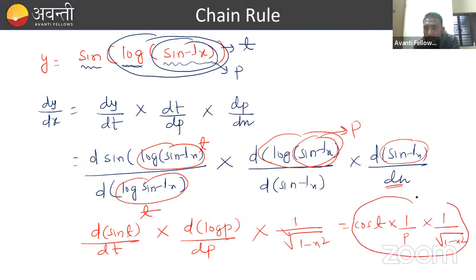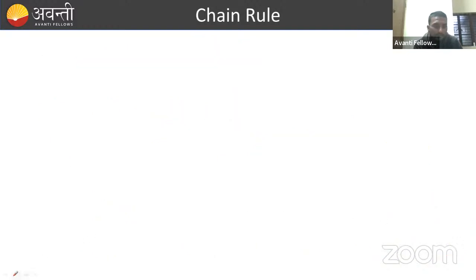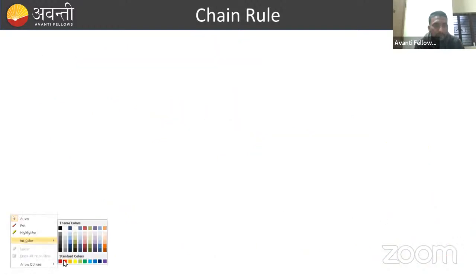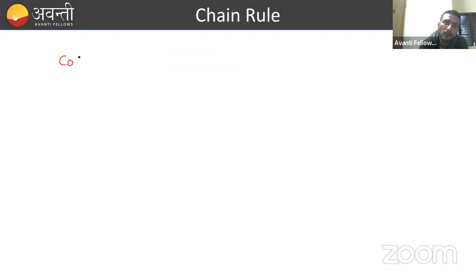So that's what we are getting. And we have the values for t and p, so whatever we have assumed, we can put it back. So it is cos t into 1 by p into 1 divided by root under 1 minus x square.